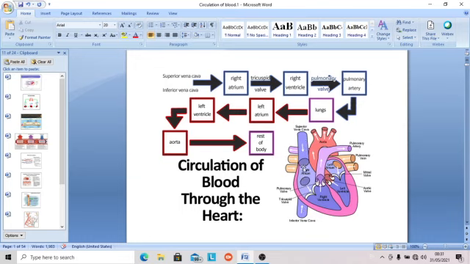There is no wall guarding the entry of the blood from the superior and inferior vena cava to the right atrium. There are no valves here. Blood will enter the right atrium when the right atrium is relaxing, as the pressure gradient allows.